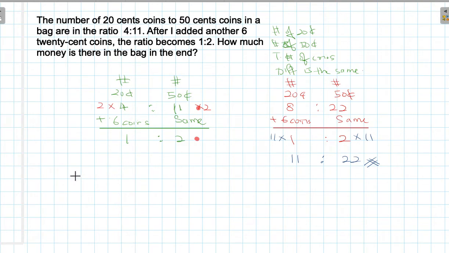So in the end, for 20 cent, the number of coins, here is 8 units, and then in the end I have more units.